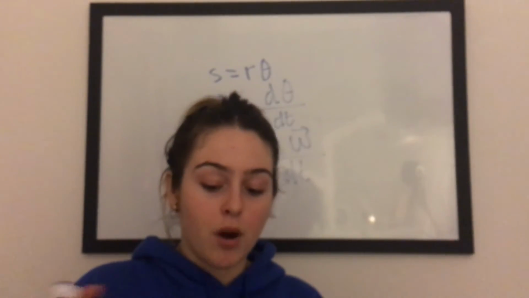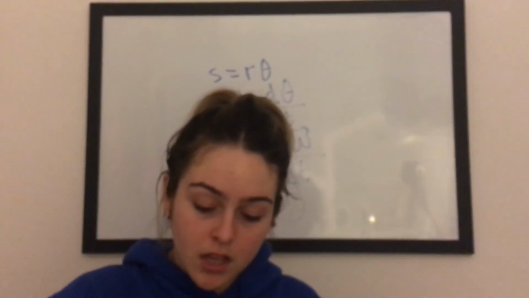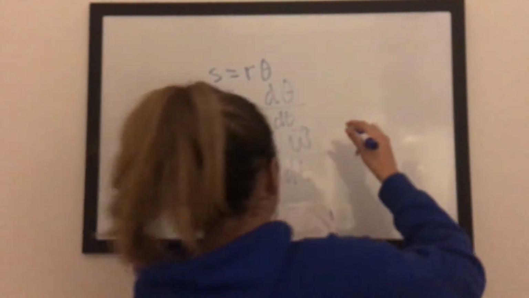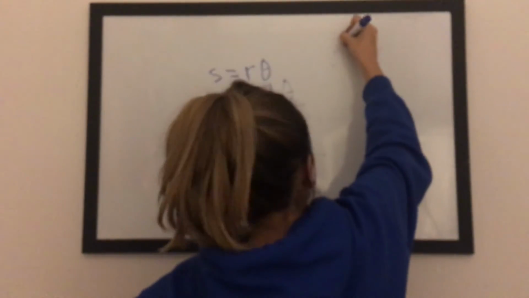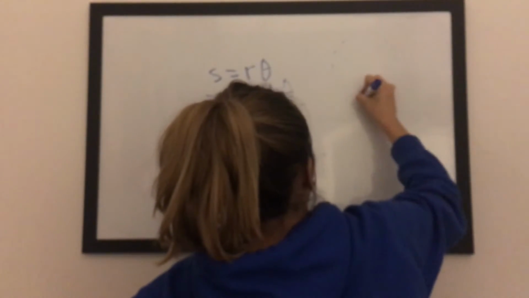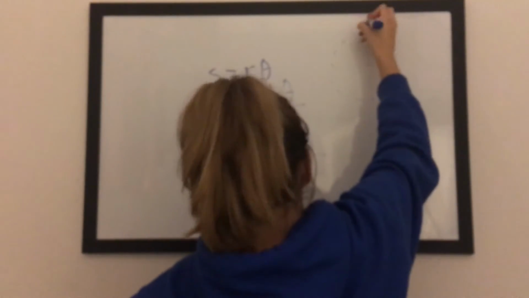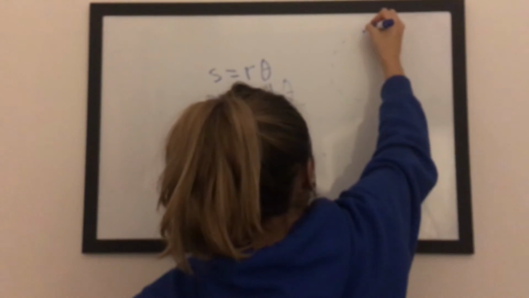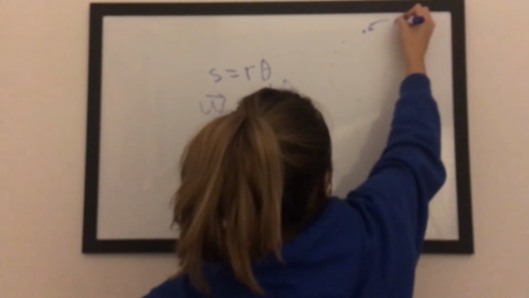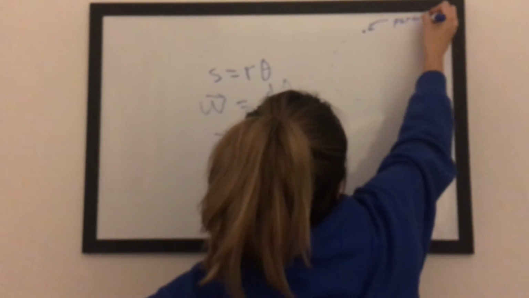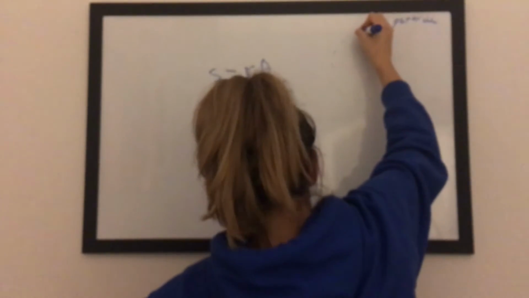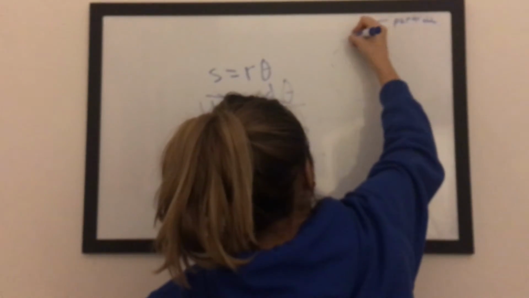So I'm going to go ahead and model this figure. So we've got our particle right here. We go ahead and label that particle, and we know that it is moving in this direction.